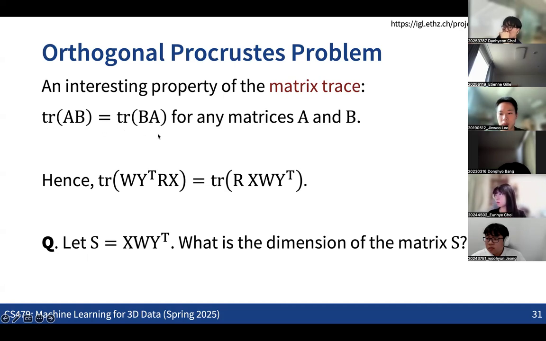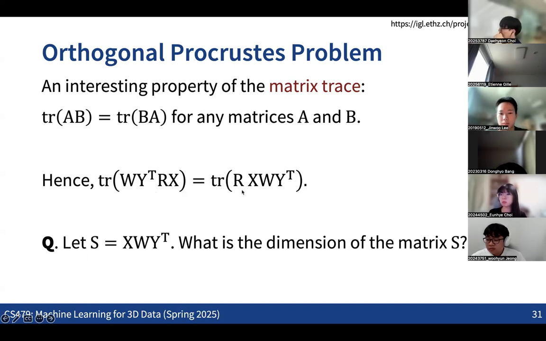Okay. So we are going to use this fact in rewriting this formulation multiple more times. Let's say now we are taking this x, y, w, y transpose here, and the R x, these are two matrices. So W Y transpose is one matrix, and R X is another matrix.